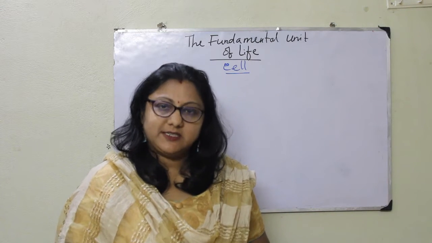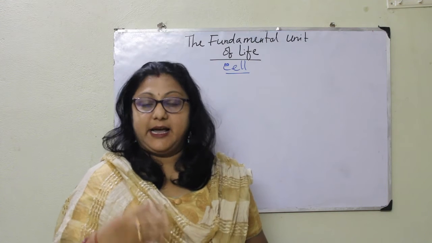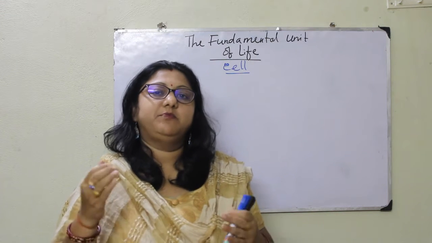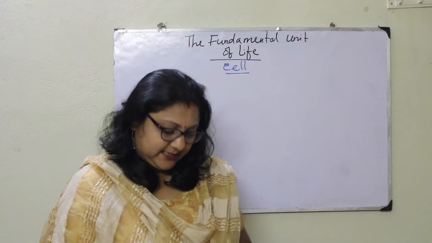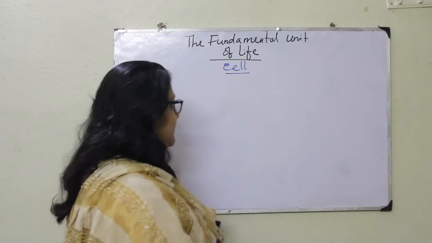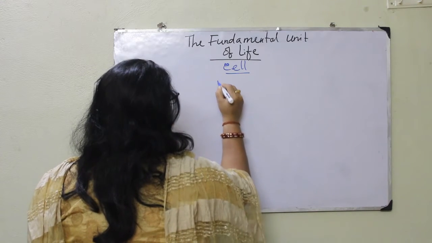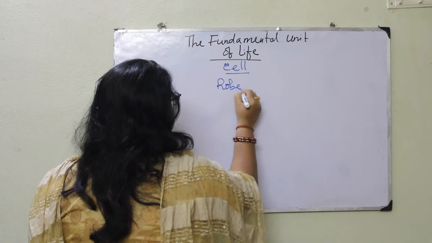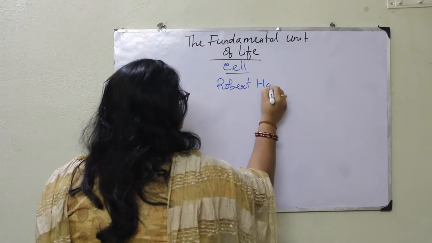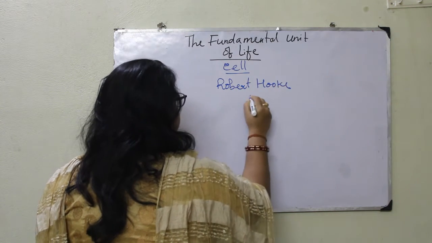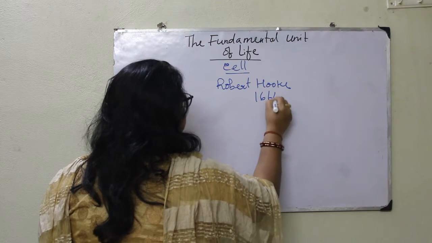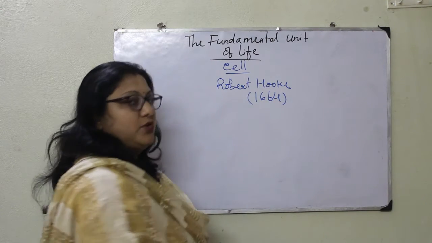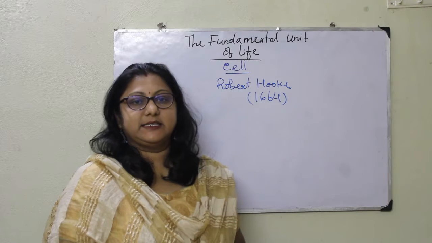Who discovered this tiny structure and what are the different parts of a cell? The cell was discovered by Robert Hooke in 1664.